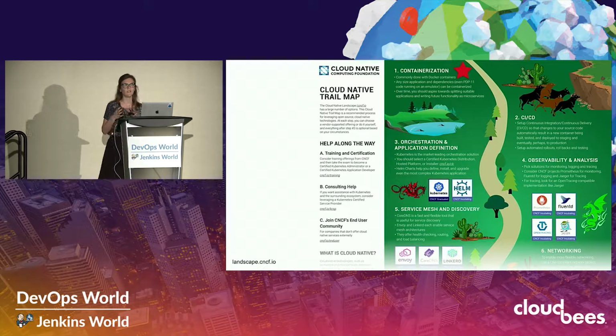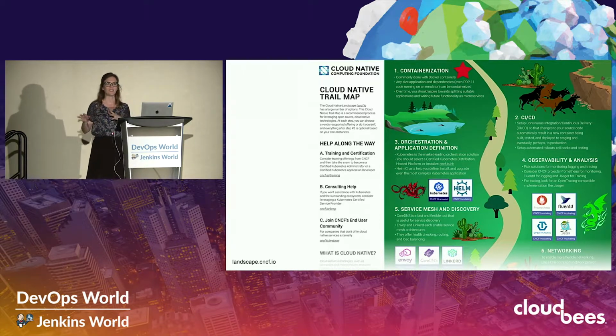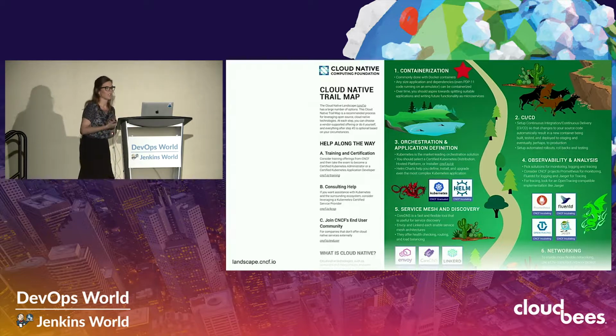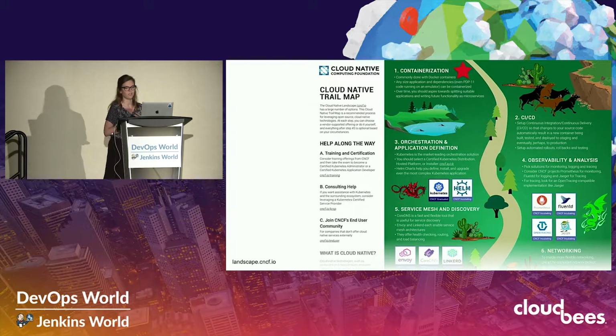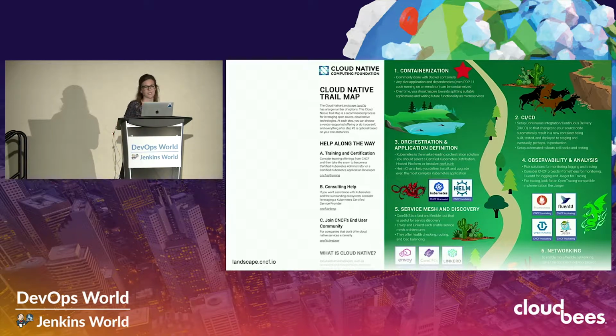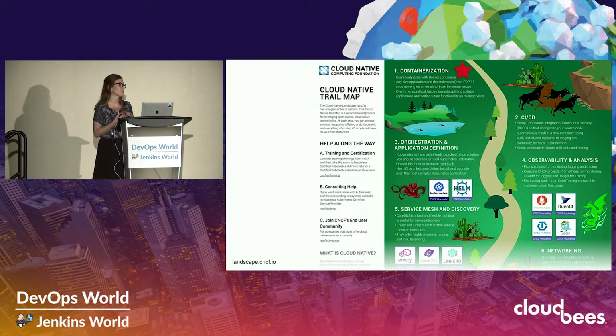So you need to have your source code running inside of containers in order to enable all of the fancy tools later on, like Kubernetes and Helm and other more sophisticated orchestration, application definition, observability and analysis. All of that needs to have containers first. Notice that this is containers and not microservices, and that's a very important distinction.